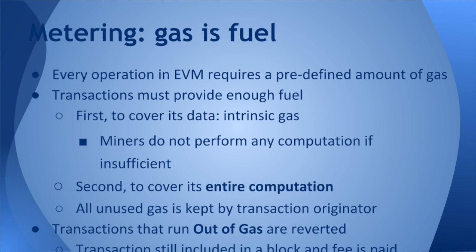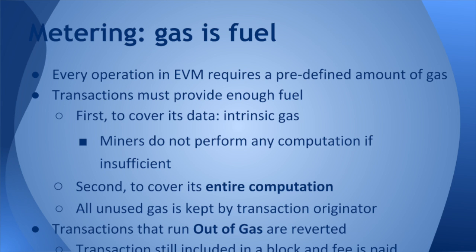So gas can be seen as fuel. Every operation in the EVM requires a predefined amount of gas, and that's what you saw in the spreadsheet. These are predefined protocol rules, so when a multiplication costs 5 gas, as a user of Ethereum, you cannot change that. But I'll explain that in the next slide. Transactions must provide enough fuel, first to cover its data, and that is called intrinsic gas.